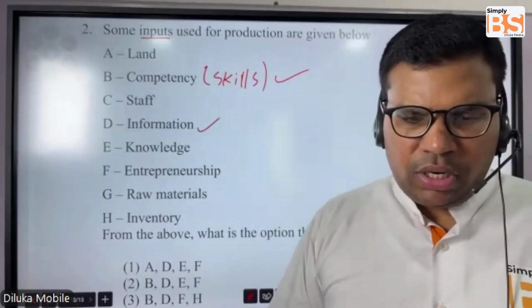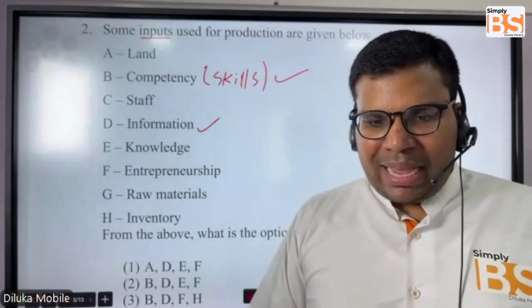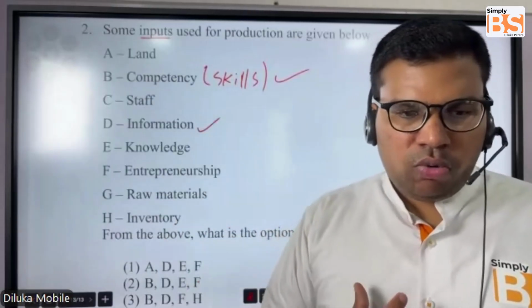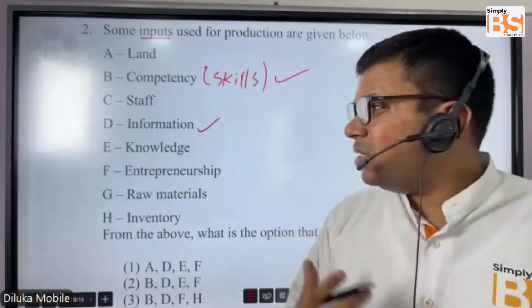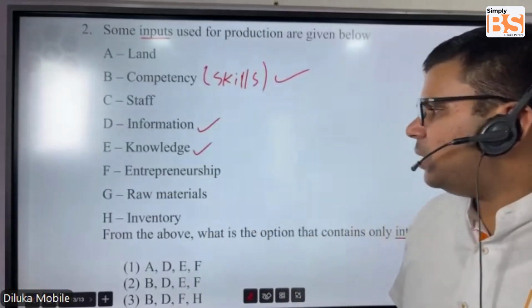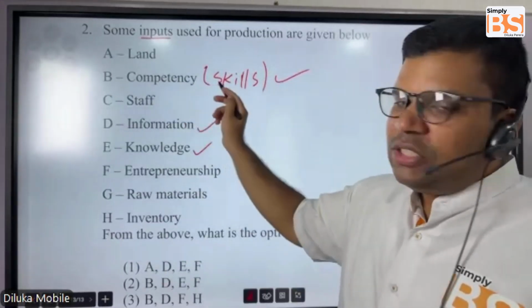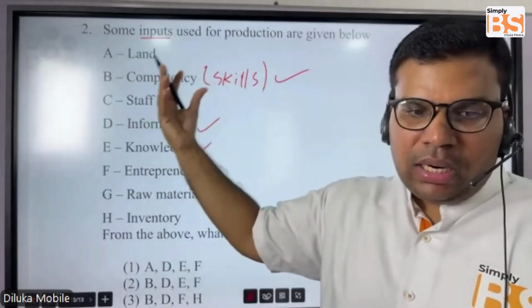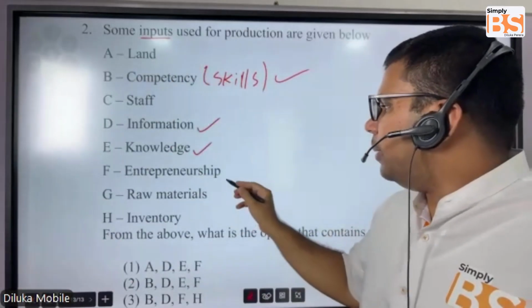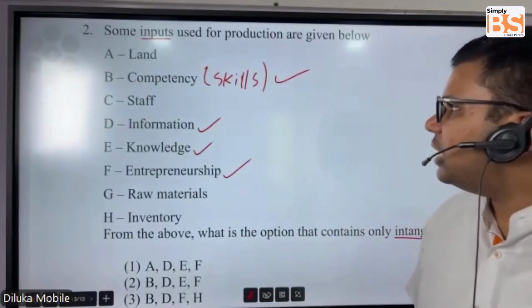Information is saved in backups and cloud facilities, but it's not tangible. Knowledge, yes, intangible, the knowledge that you have. Competency or skills. Entrepreneurship, yes. Raw materials, no. So what's the answer?